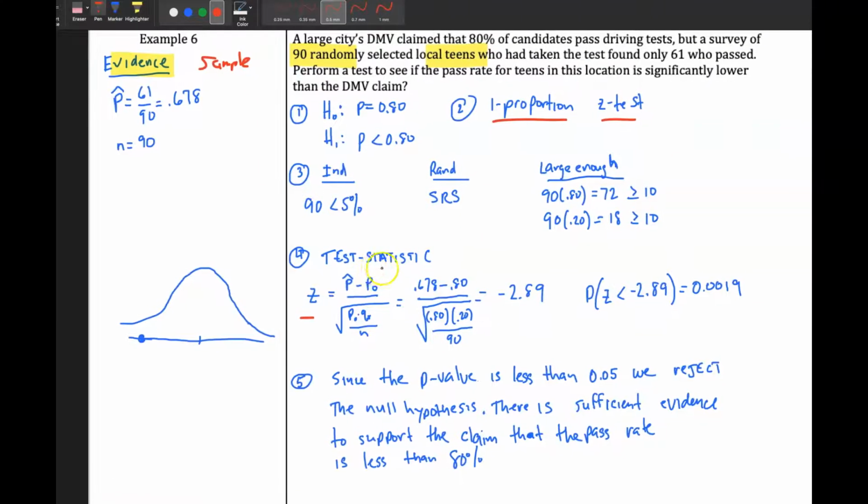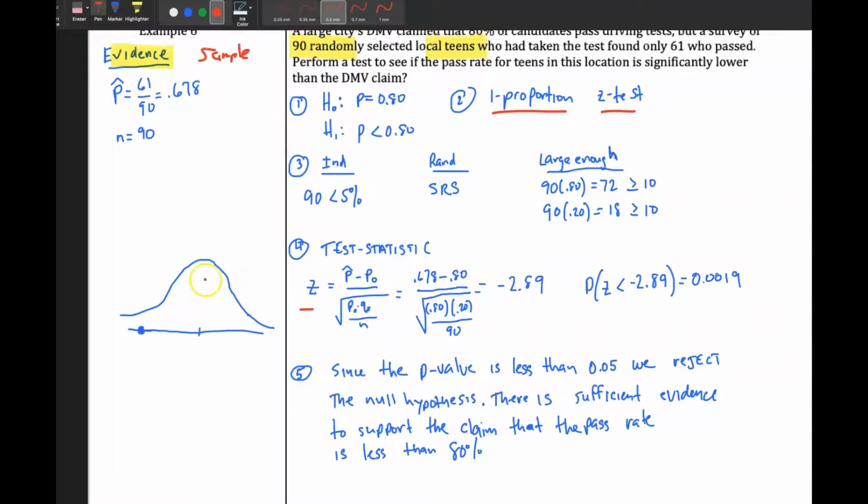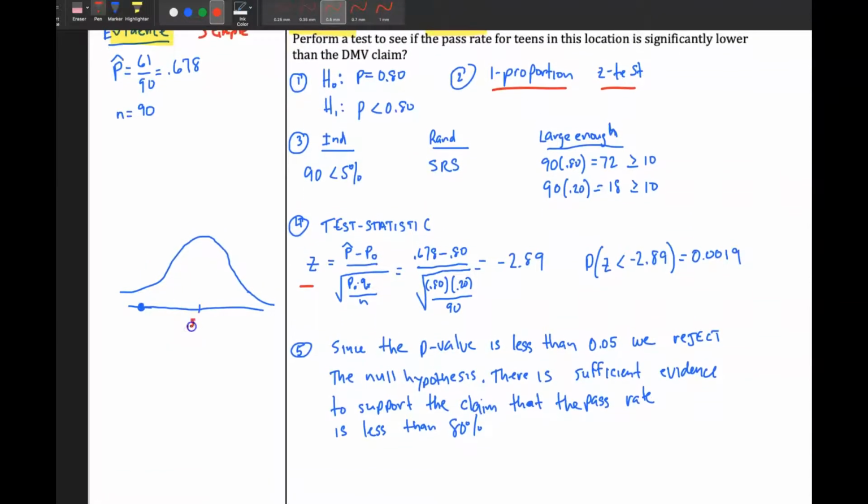The key part is calculating the test statistic. We're saying we think the proportion is 0.80, and then we got sample data of 0.67. So again, what's the probability that it would be this far away from our stated population parameter, 80%?